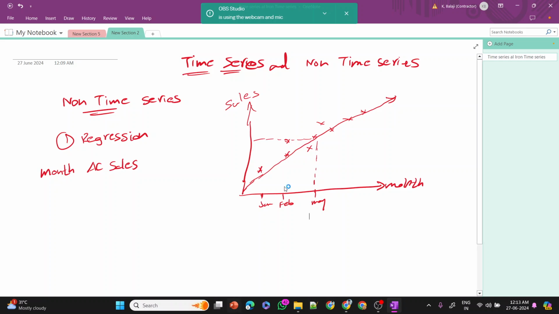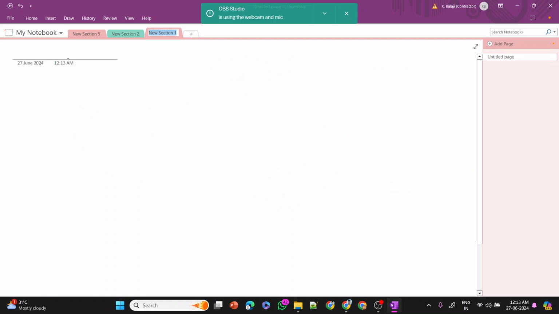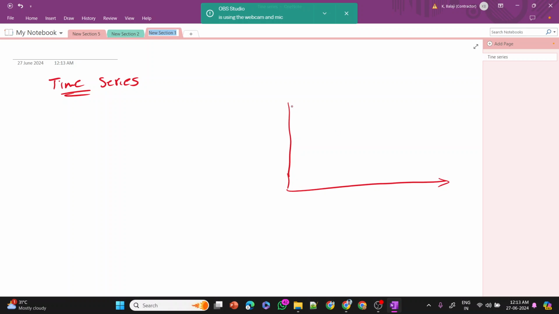But let's take another example for a time series problem. We have data that contain time period on the x-axis and stock value on the y-axis.